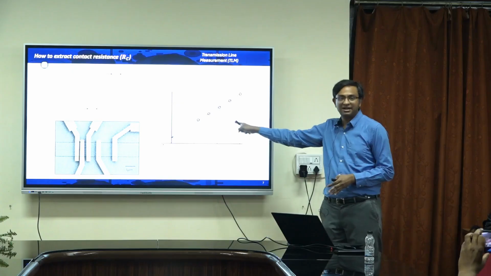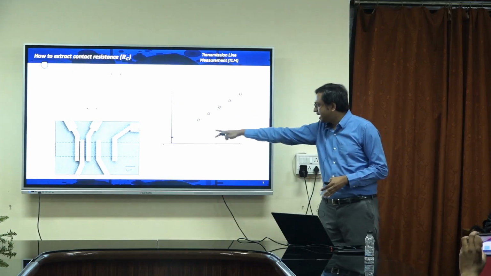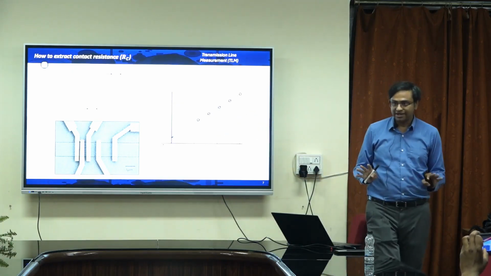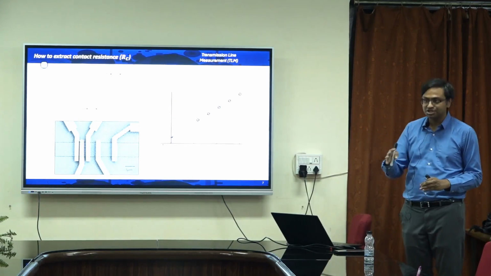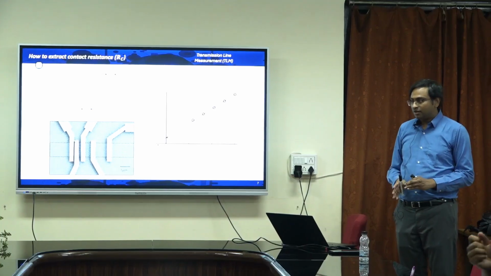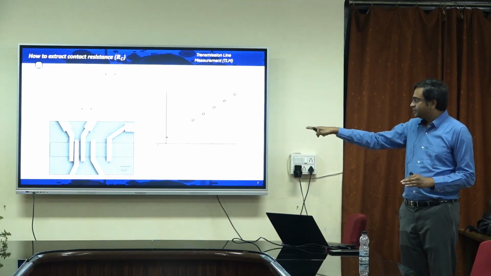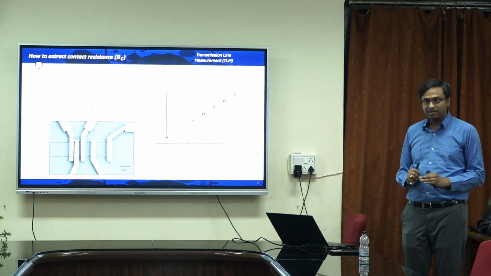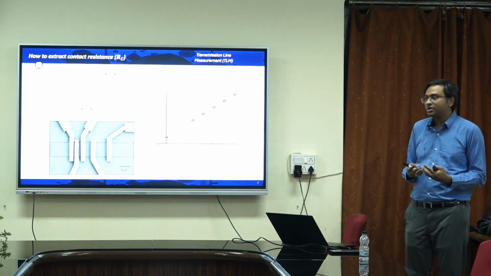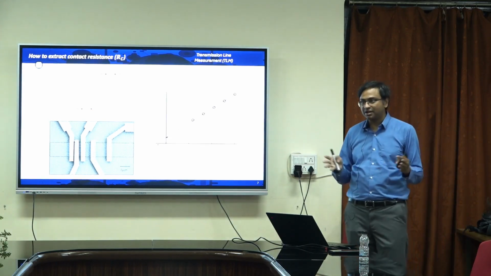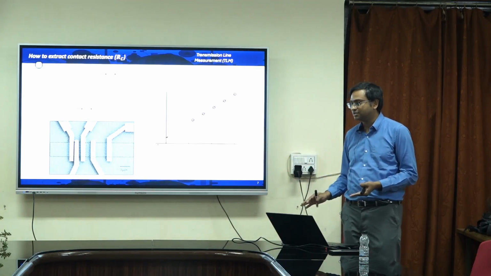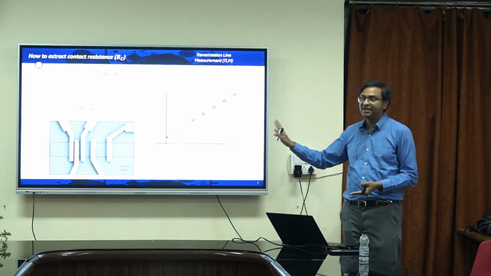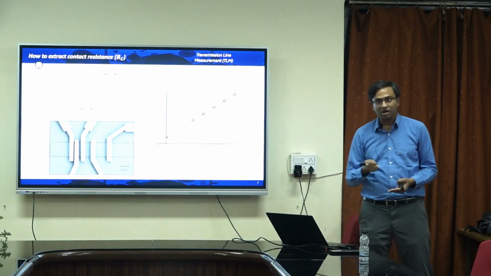These are real experimental data that I was showing, and from that you can extract the contact resistance RC. This is called the transmission line model. At the end of the day, you can do some theoretical calculation, but until you actually do the experiment, you will not be able to evaluate the contact resistance. So this is a structure specifically designed for understanding the contact.